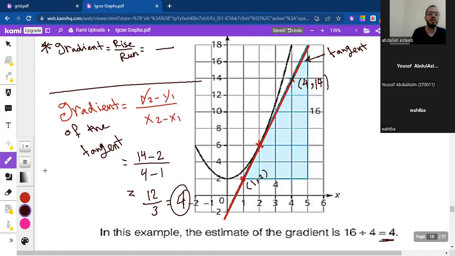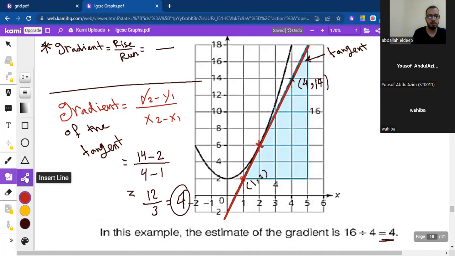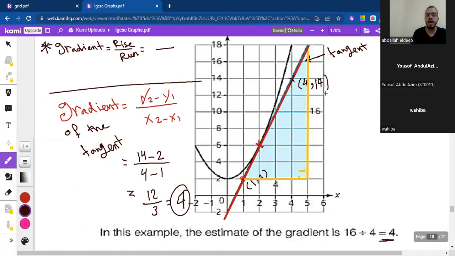So you make a triangle like this, and then you count from here to here. 5 minus 1 equals 4.